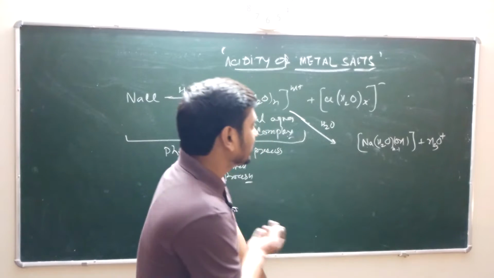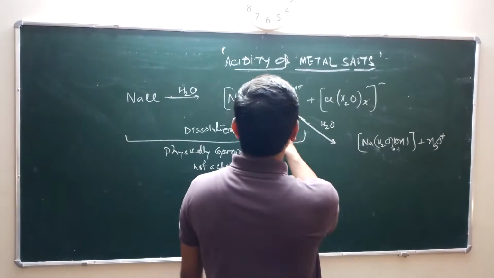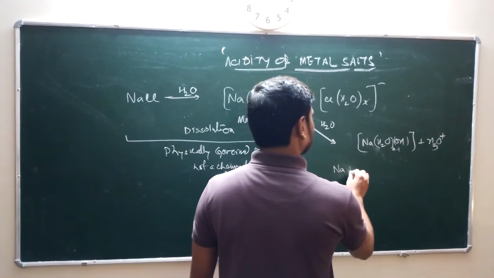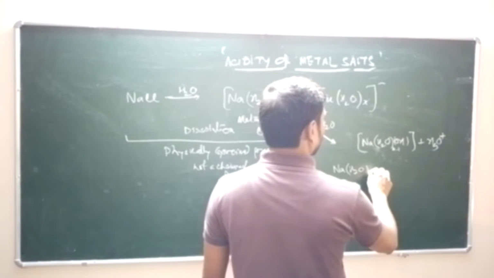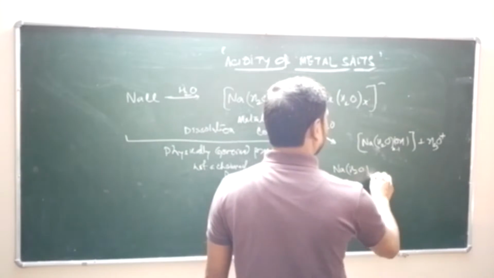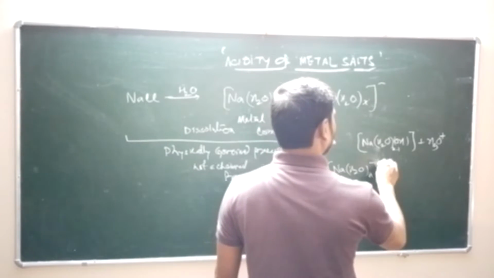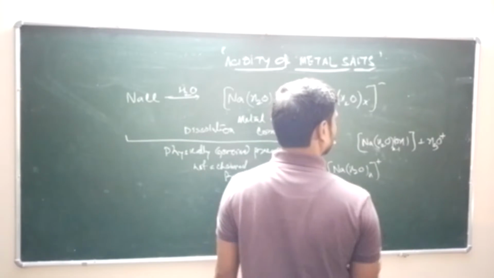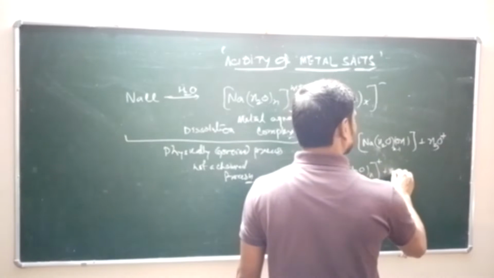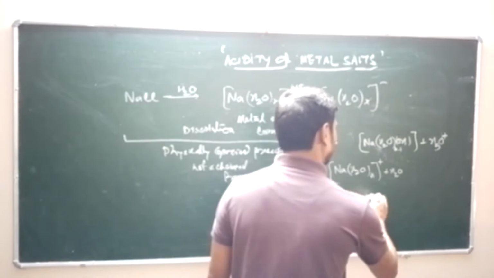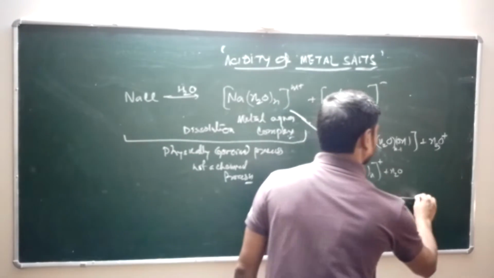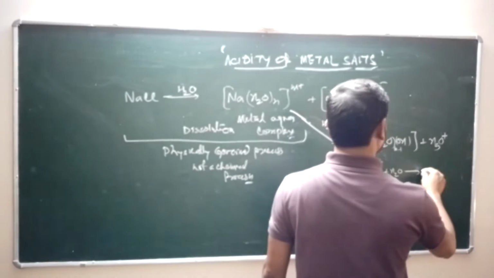It is behaving like an acid. If we compare it, I am writing down here M(H2O)n plus, and this is reacting with water, just like a typical acid plus H2O. What will happen? You tell me.